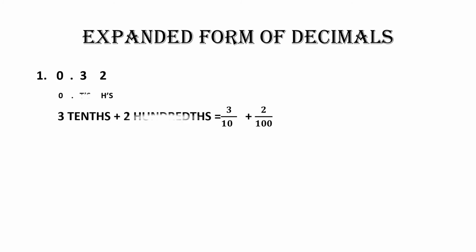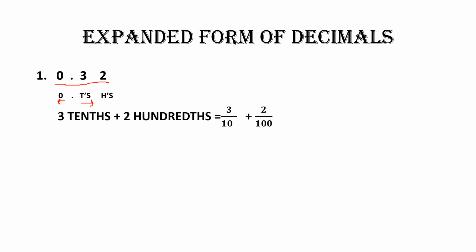Expanded form of decimals. When we want to write any number in decimals, first of all we will write down the place value. Here at the left side we have written ones, and at the right side we have started with tenths and hundredths, because after the dot we will not be having the ones.